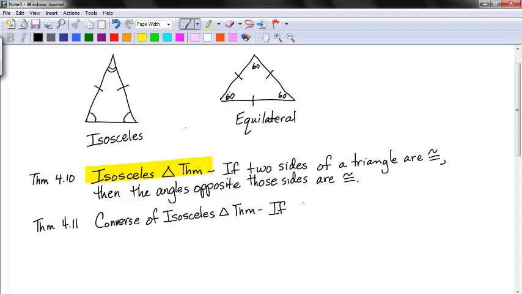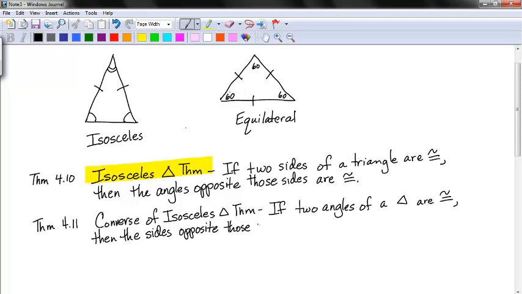So if two angles of a triangle are congruent, then the sides opposite those angles are congruent.